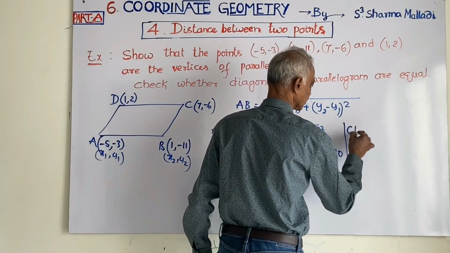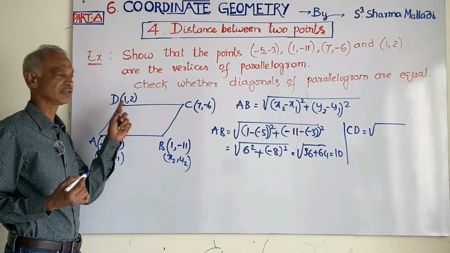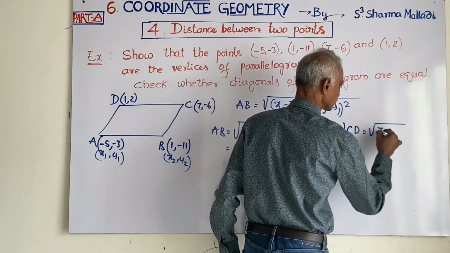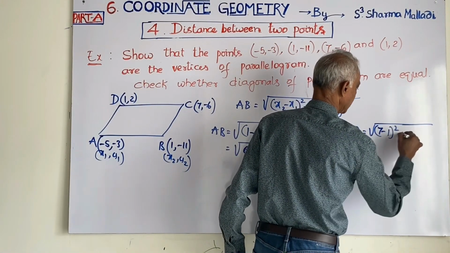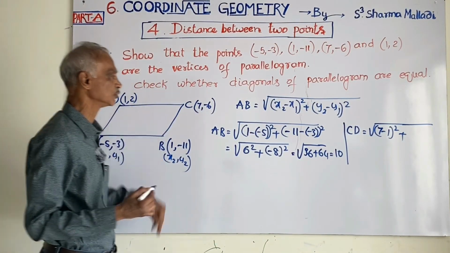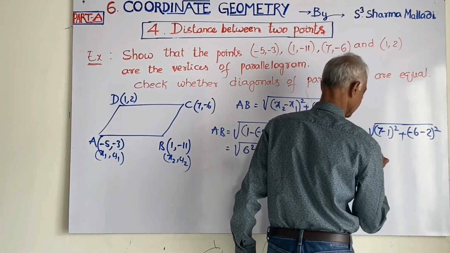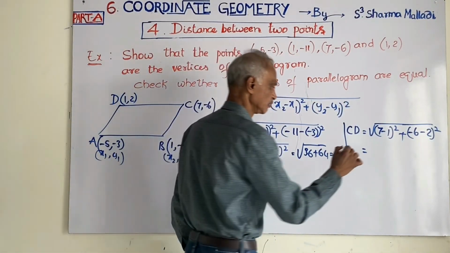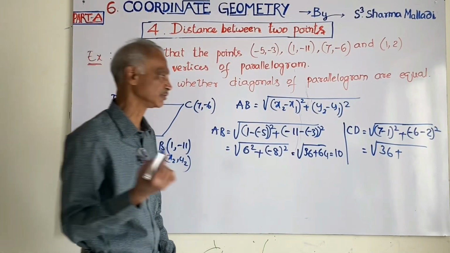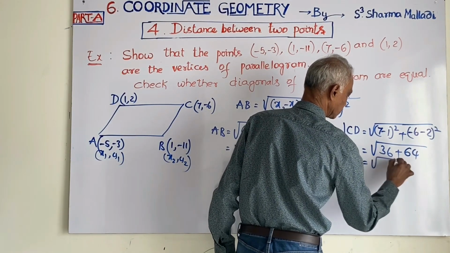CD is equal to x2 minus x1. This is x1 y1 and this is x2 y2. x2 minus x1 means 7 minus 1 whole square, plus y2 minus y1 whole square, minus 6 minus 2 whole square. 7 minus 1 is 6, square means you will get 36, plus minus 6 minus 2 is minus 8 whole square, that will be 64. 8 square is equal to 64 and you will get root of 100.